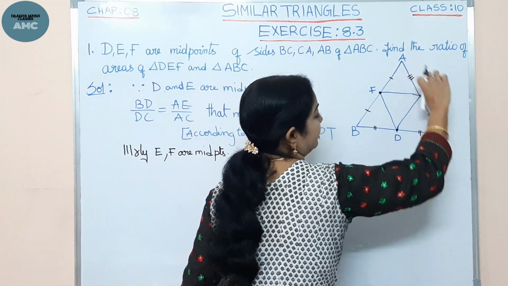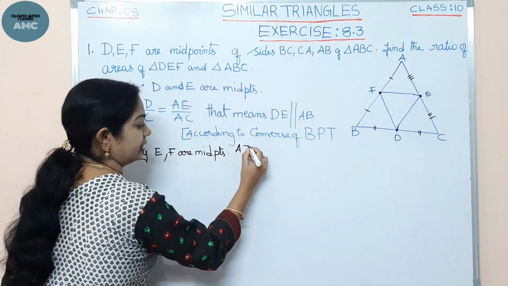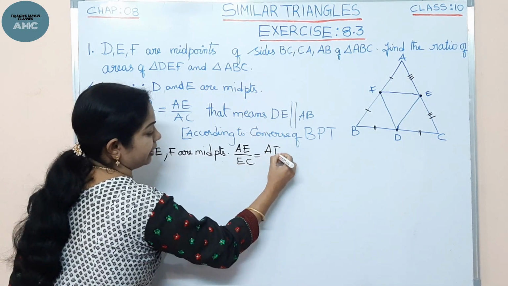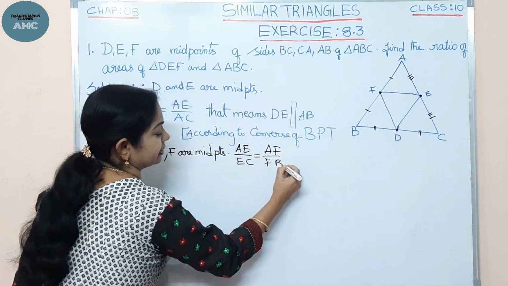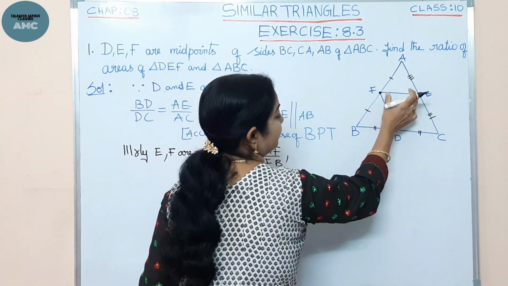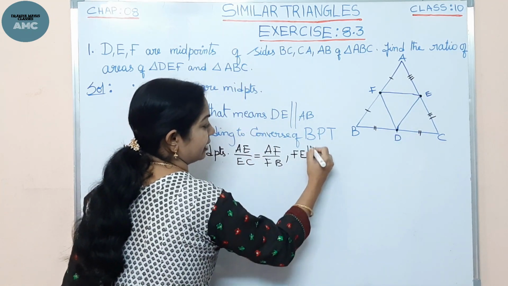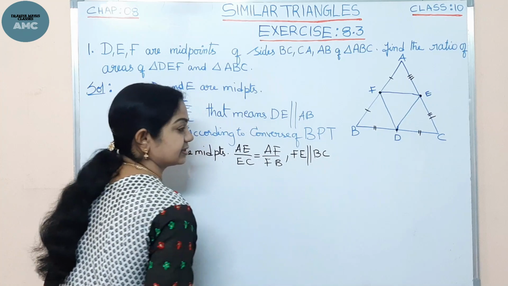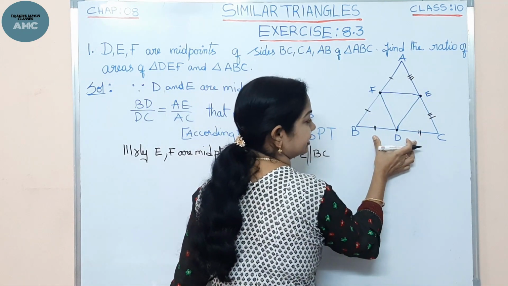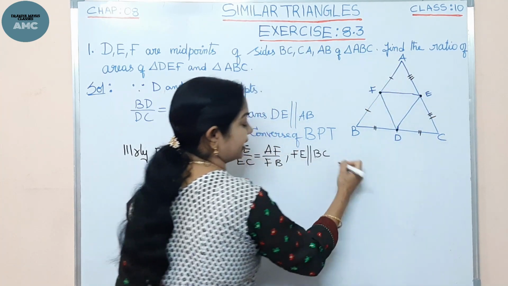That means AE by EC is equal to AF by FB. If these are equal, then FE is parallel to BC.